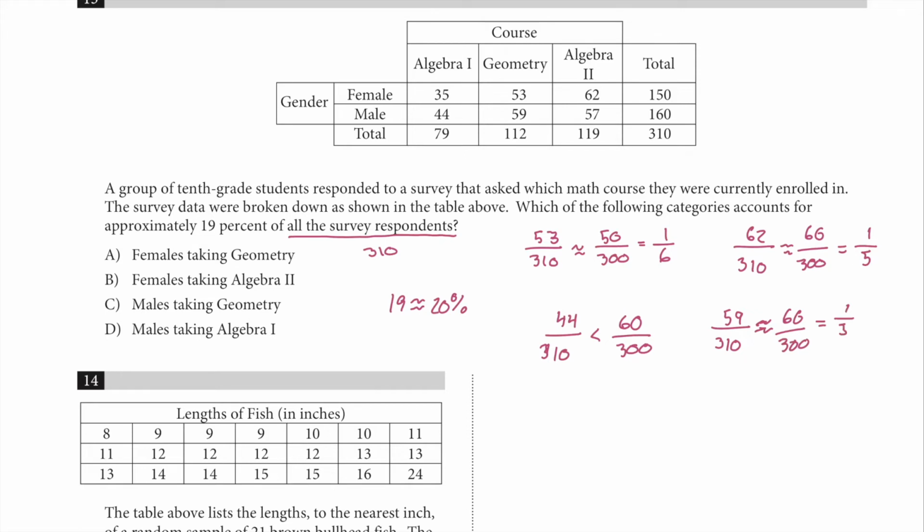So now we have to look specifically at these fractions and find their exact values. So 62 over 310 is 0.2, and 59 divided by 310 is 0.19. So look how close those two answers were. But the correct answer will be 59 over 310, which is males taking geometry.